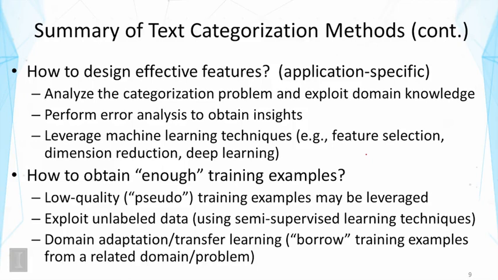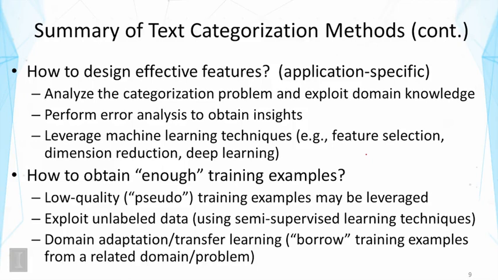Although the labeling is not completely reliable, they can still be useful. So let's assume they are actually training labeled examples, and then we can combine them with the true training examples to improve the categorization method. And so this idea is very powerful.